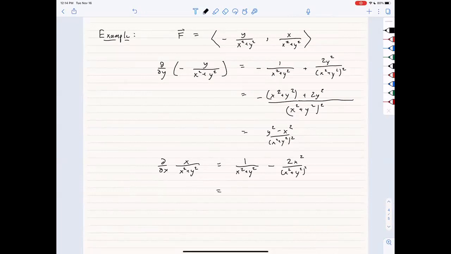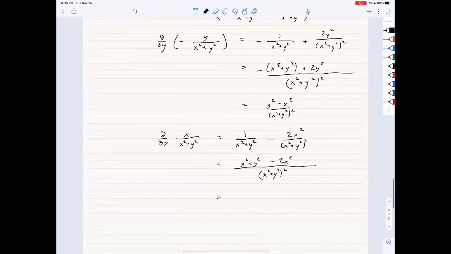Again, make a common denominator, x squared plus y squared, squared. Here I have an x squared plus y squared minus 2x squared. So I get a y squared minus x squared over x squared plus y squared, squared. So they're equal.